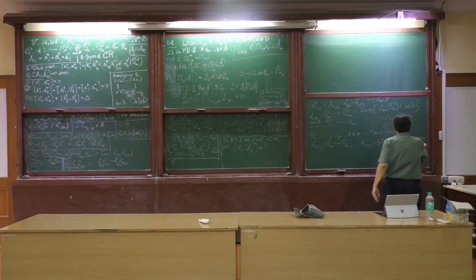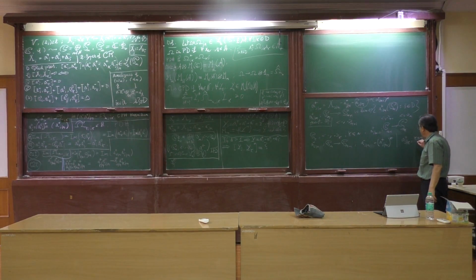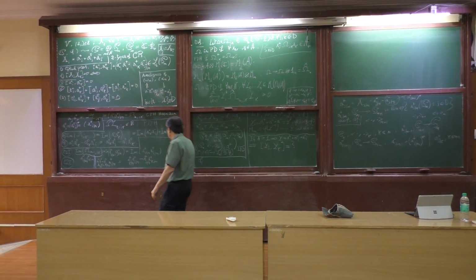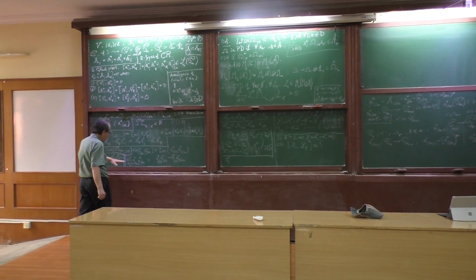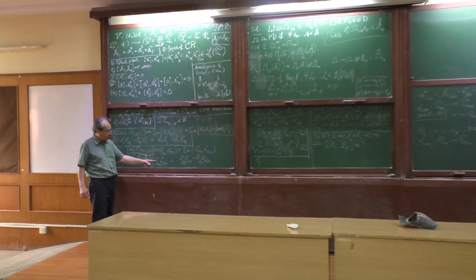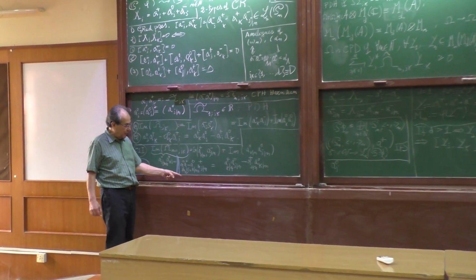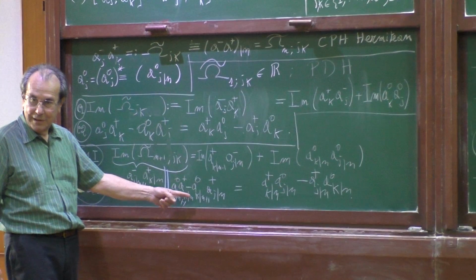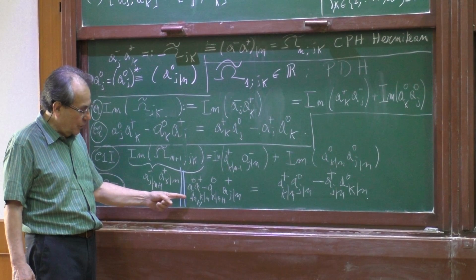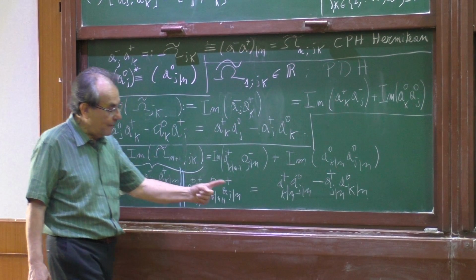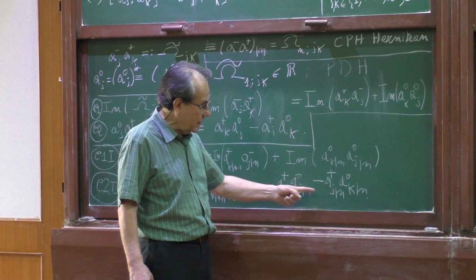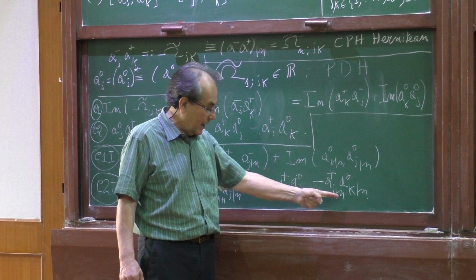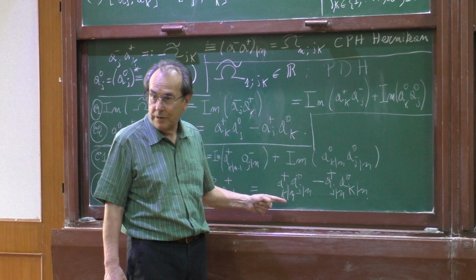But let us go on and finish the induction. So now I have this. Since I have this inductive relation, I have this equation. Remember that n must be replaced by n minus 1. So here the unknowns are A0j restricted to n as a function of A0j restricted to n minus 1 and A dagger n minus 1.